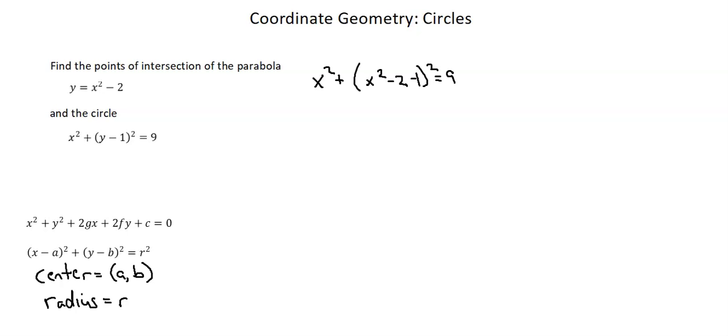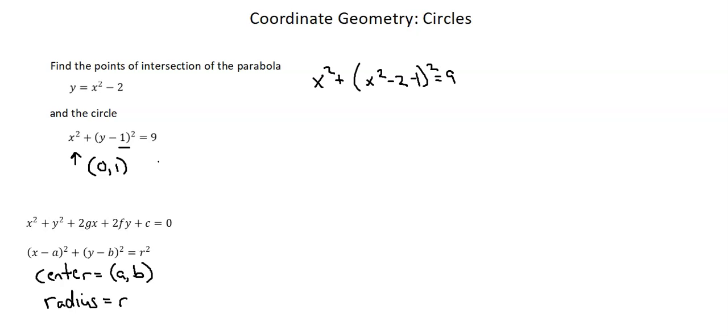Now we have an equation in one variable. We can solve for x. Incidentally, our circle equation, if we want to find the center, we see that the x term doesn't have a constant value. So the x coordinate of the center is 0, and the y coordinate of the center is 1.